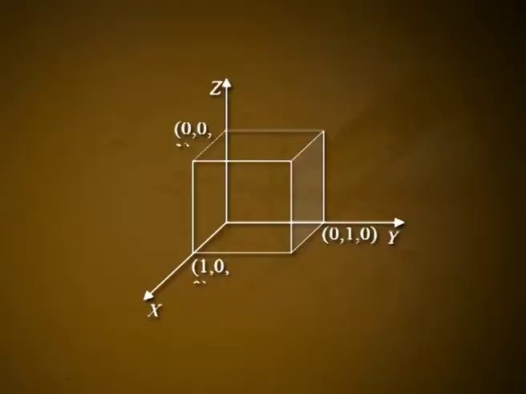Equation number 2. The surface integral double integral over S of F·n dS is to be evaluated as the sum of 6 integrals corresponding to the 6 faces of the cube. Refer to figure. 1.